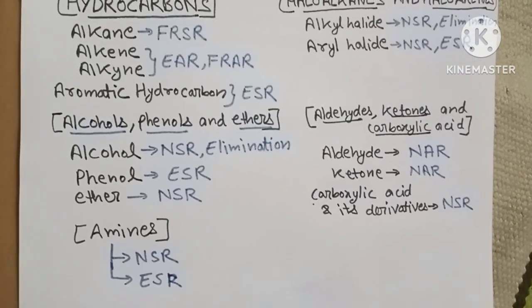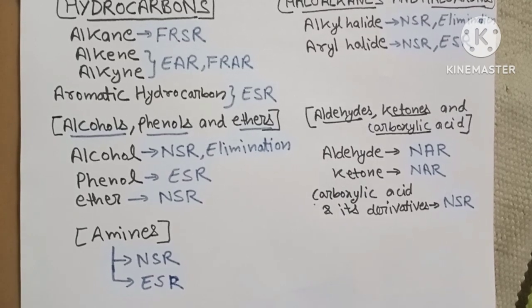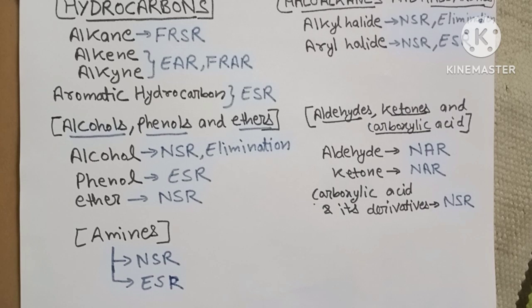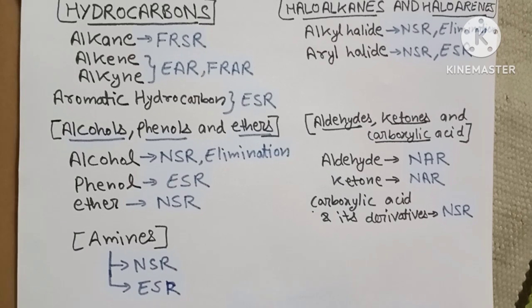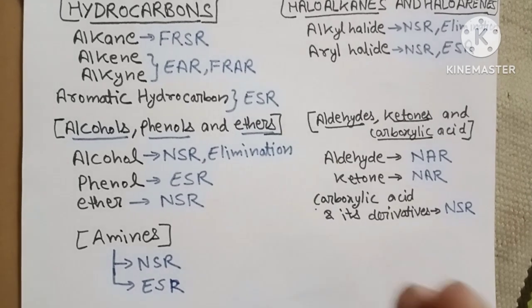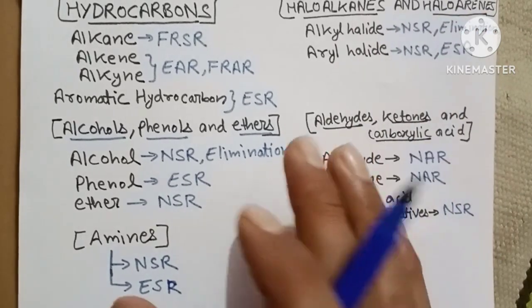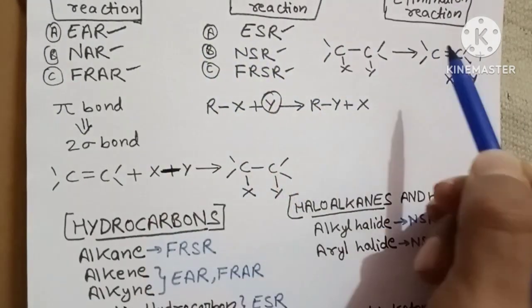So there are a lot of chemical reactions, and those lots of chemical reactions proceed through very limited concepts, and those limited concepts are to know the mechanism, in what way these reactions proceed, and in that way you must go through these mechanisms.